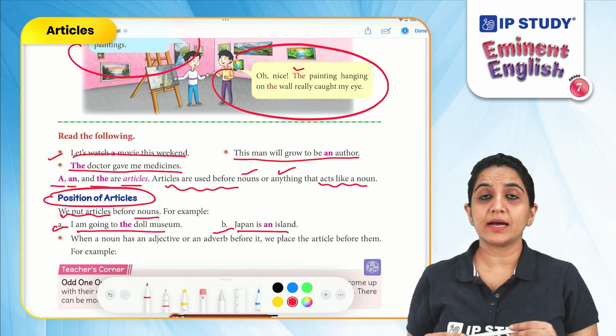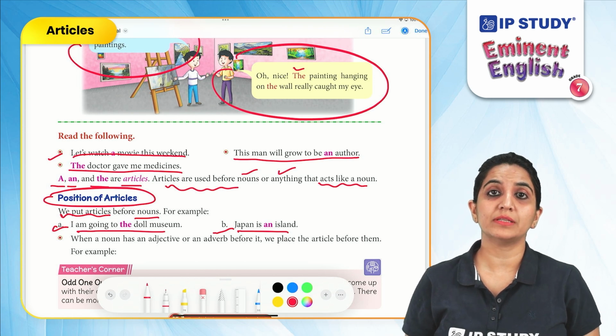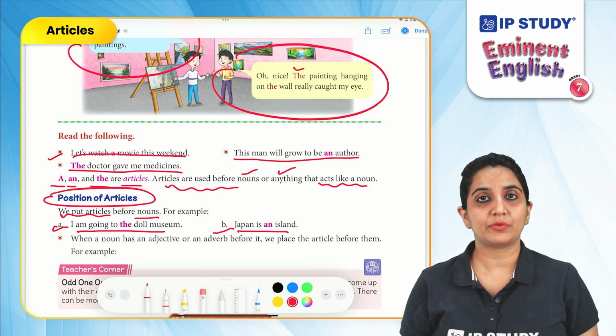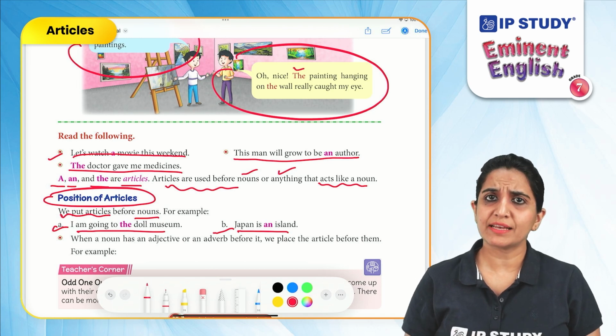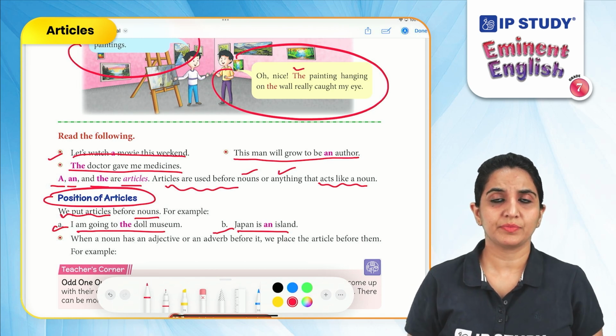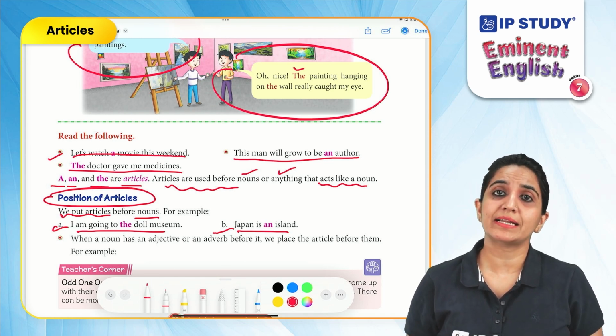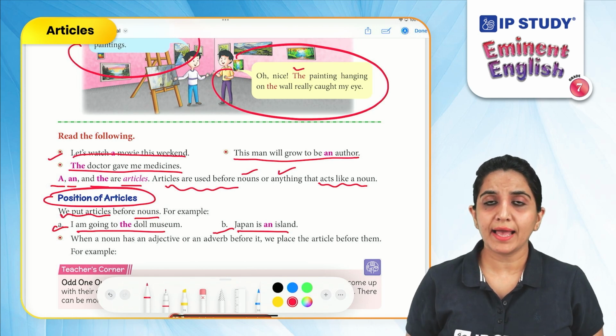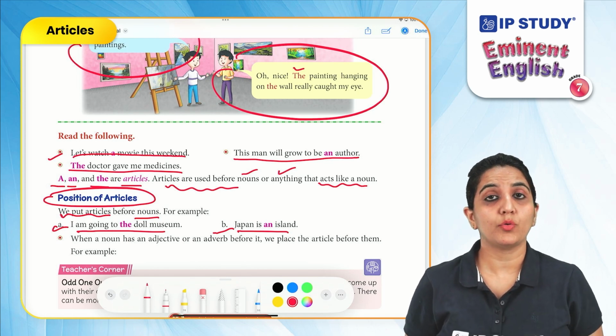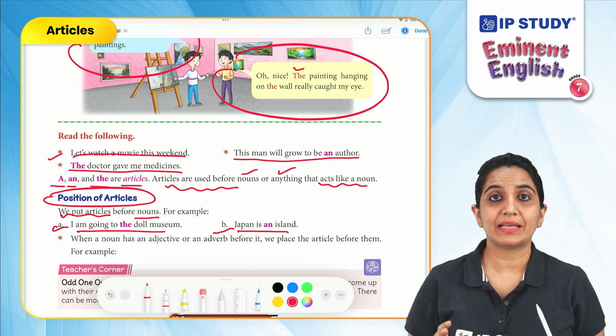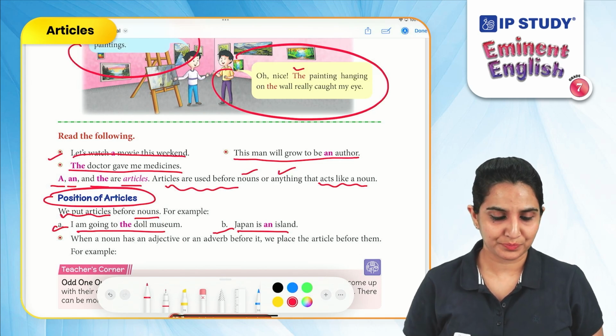That means articles are dependent on the nouns that we are using in the sentence. If the noun is definite, we use article the. If the noun is indefinite and singular, we use article a or article an. But we use article an only when the noun begins with a vowel sound.